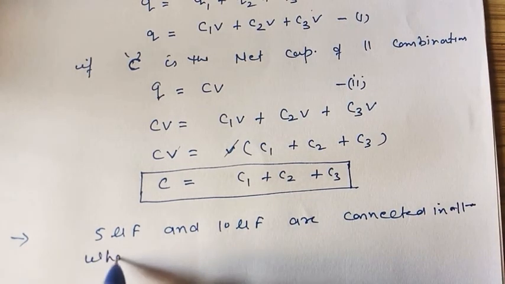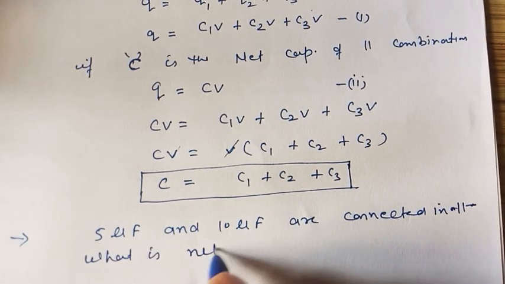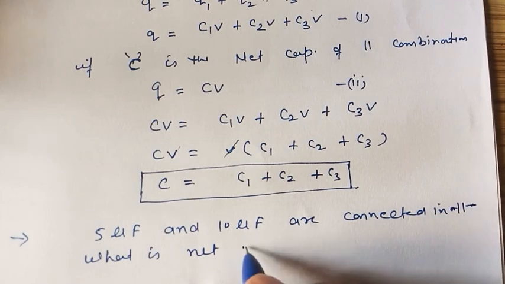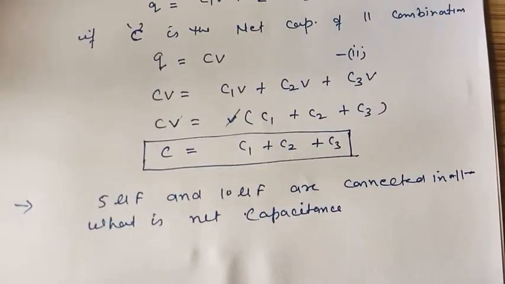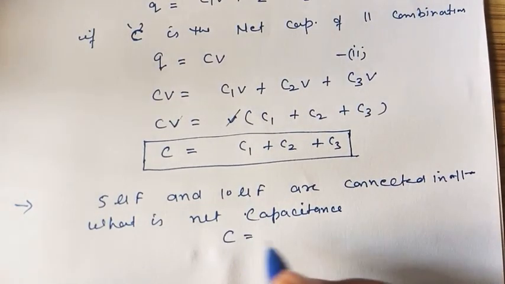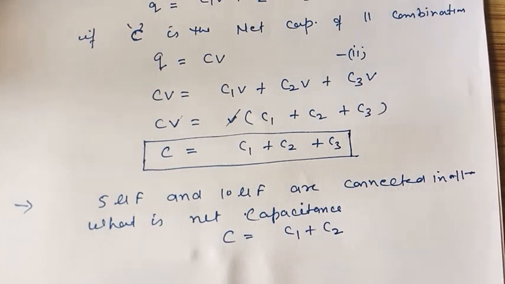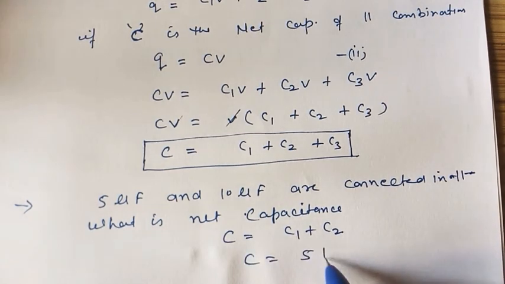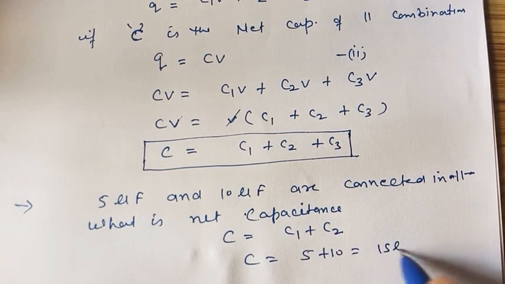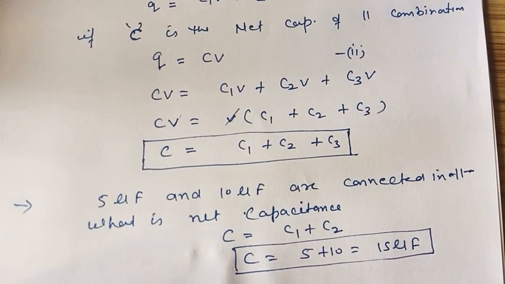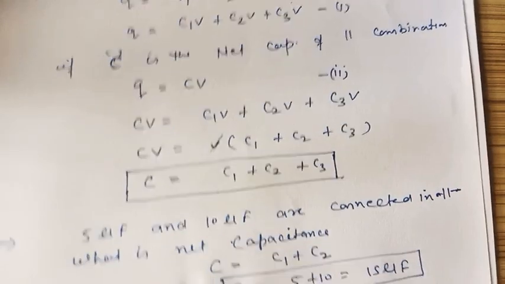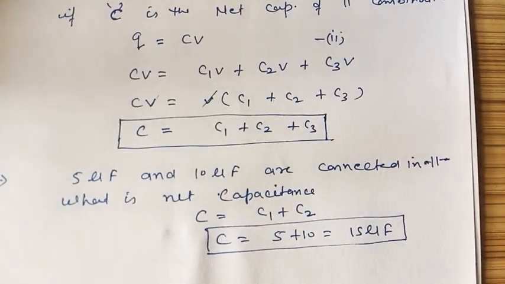What is the net, or equivalent, capacitance? In the parallel combination, the net capacitance is C1 plus C2. So C equal to 5 plus 10, that is 15 microfarad. So what do you conclude here? When you connect the capacitors in parallel, the capacitance increases.